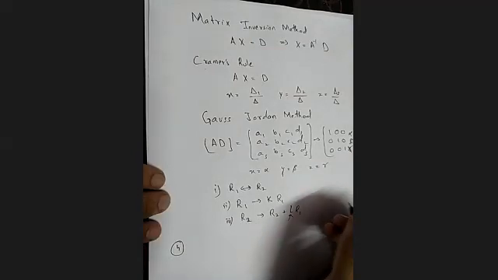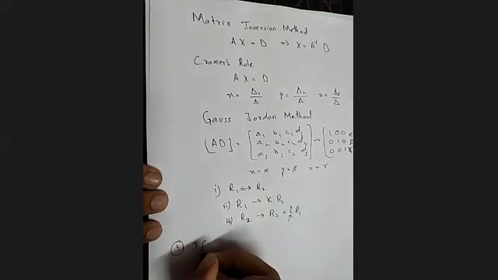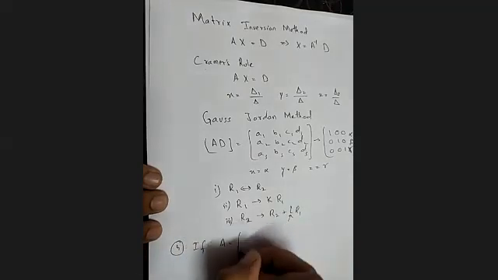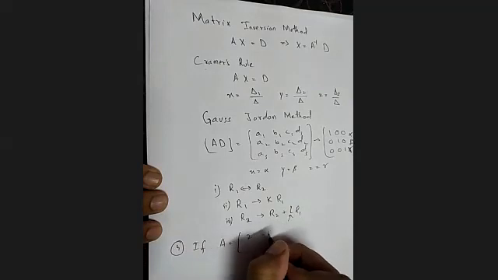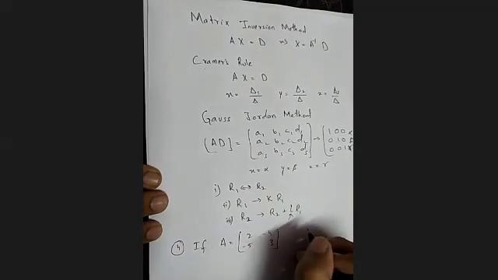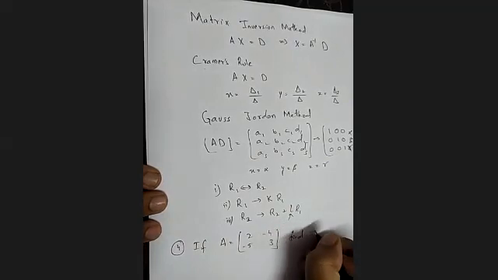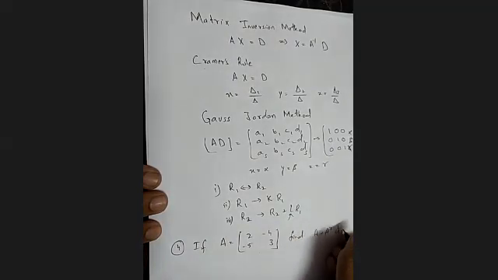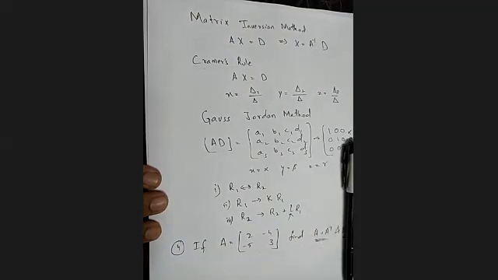So if A is equal to [2, minus 4; minus 5, 3], then we have to find A plus A transpose and A A transpose. We have to find these two things. Okay.